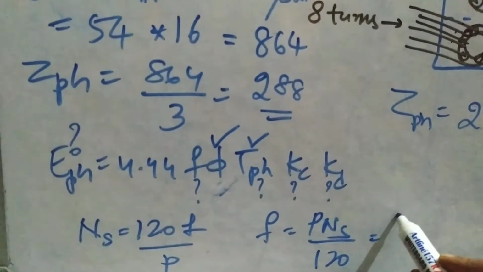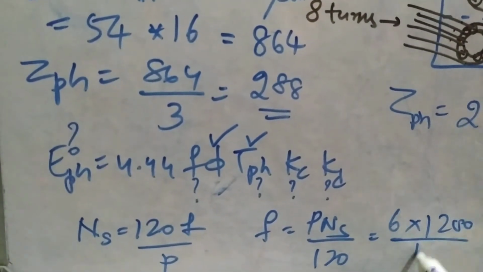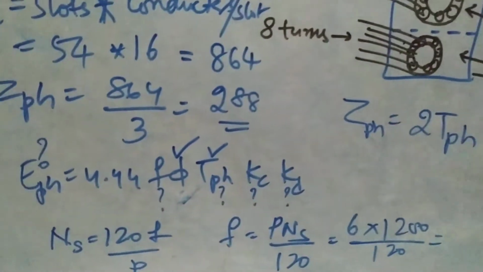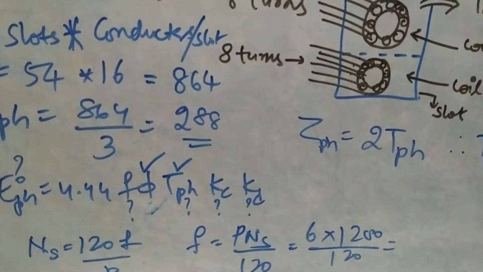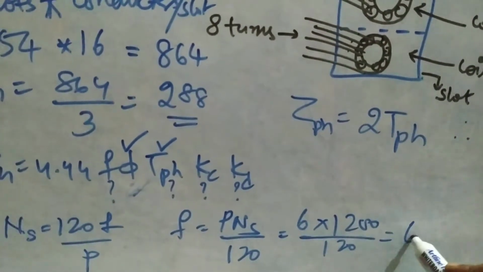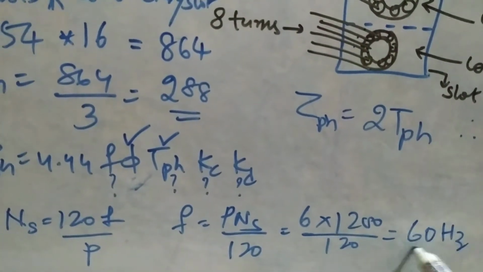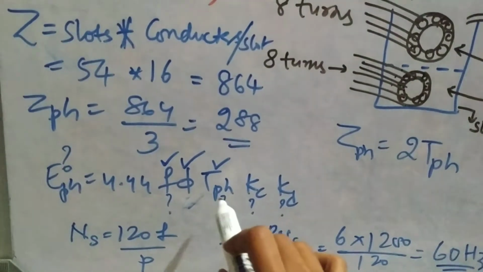The problem gives 6 poles and a speed of 1200, so 6 into 1200 divided by 120 results in a frequency of 60 hertz. So the frequency value is found, and turns per phase is found.